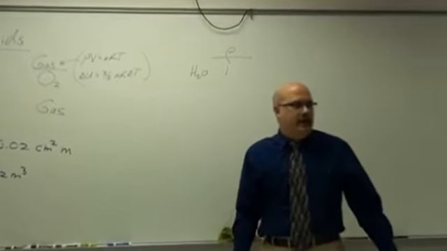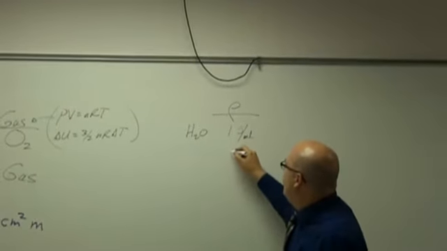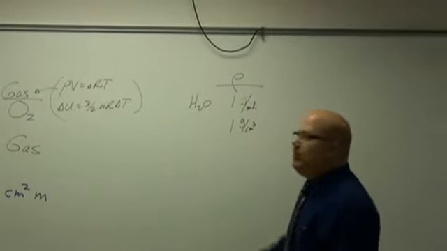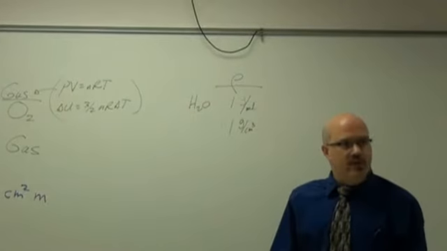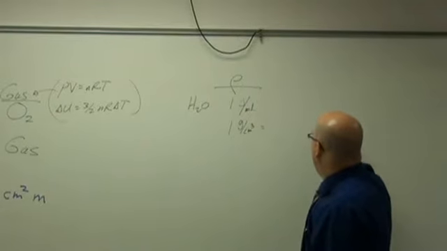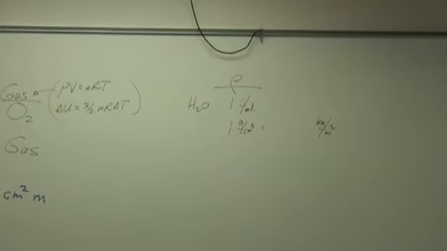But 1 what? Gram per milliliter, or gram per centimeter cubed. Now, if you do the conversion, everybody please convert that into kilogram per meter cubed. 1, 2, 3, go.